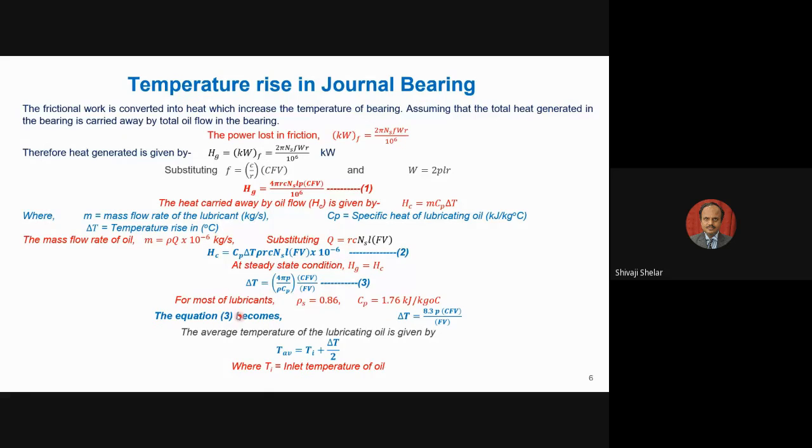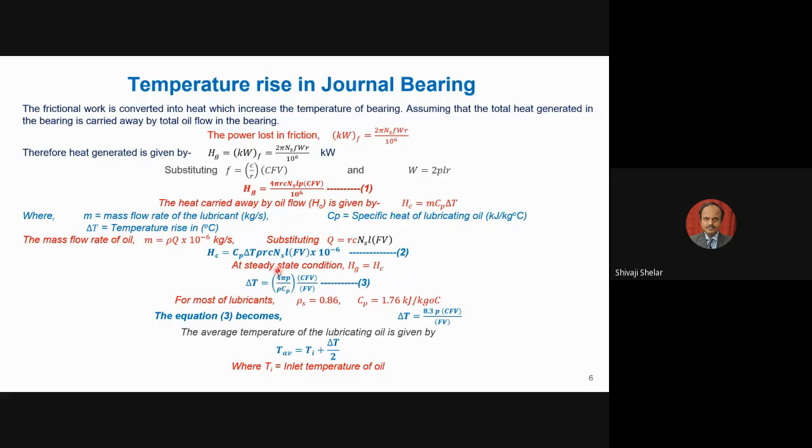Now in this equation, for most lubricants, we know specific gravity is around 0.8 or 0.86. Cp value is again a constant for most lubricants for a particular temperature range up to 80 degrees Celsius. This value is equal to 1.76 kilojoule per kg per degree Celsius. Now if I put these values in equation 3 here, 4 pi upon rho and Cp, these are all known values.